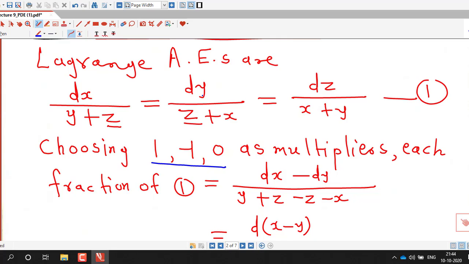So we see here we have dy and dz, and we don't require x, so we can take difference of dy and dz. So I have to multiply this second fraction by 1, last fraction by minus 1, and I don't require first fraction, so I multiply it by 0.